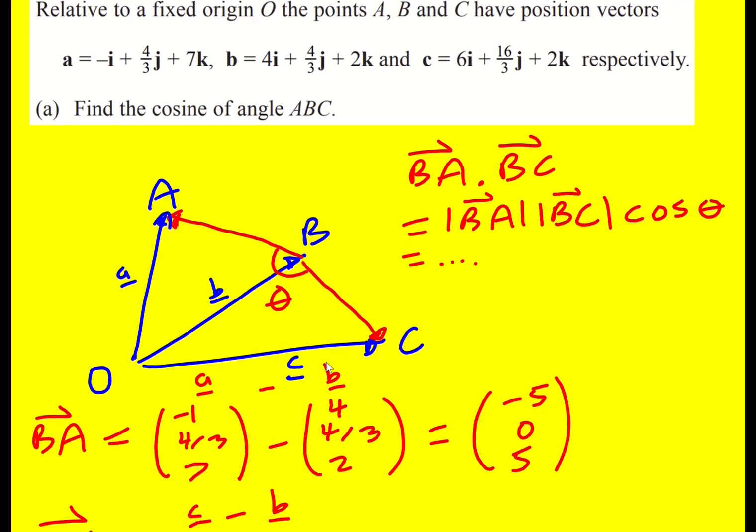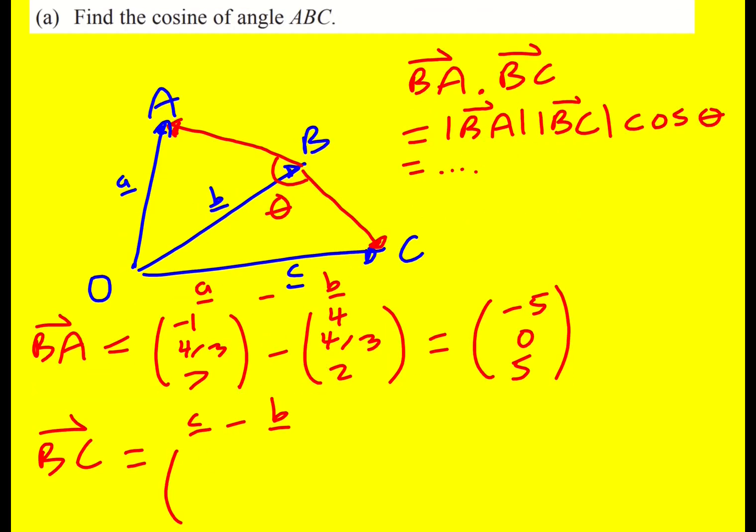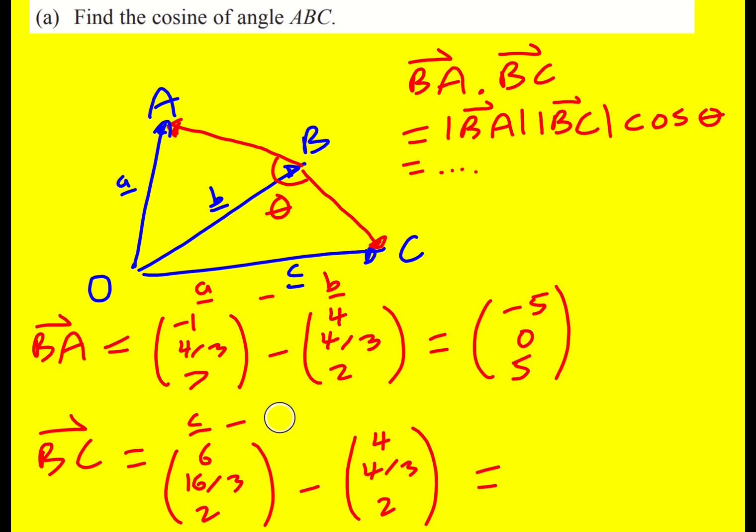So 6, 16 over 3, and 2. That's going to give 2, 12 over 3, which is actually going to be 4, and 0 here.